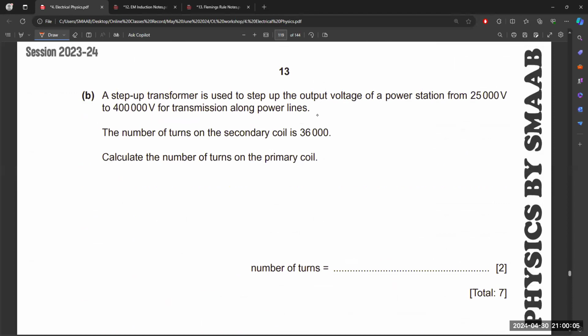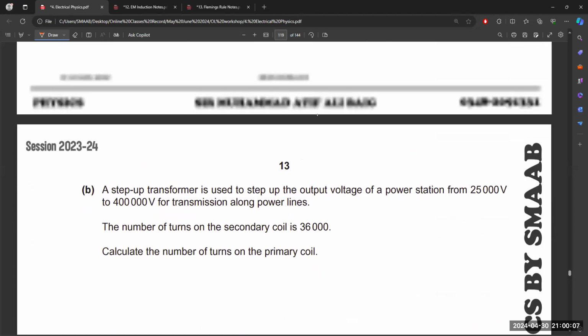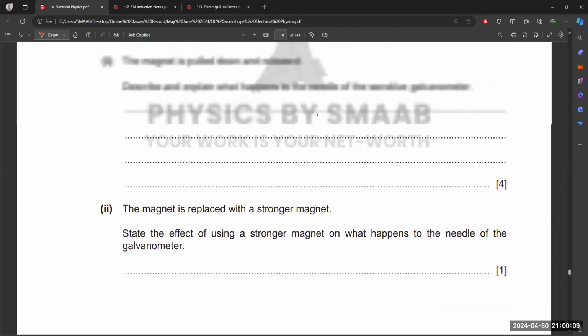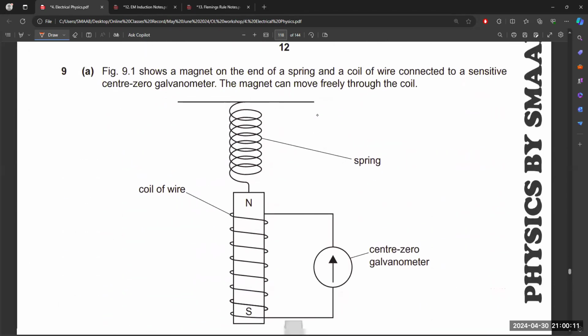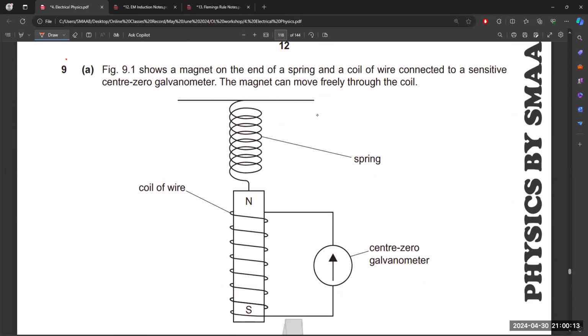Now you can see there is one more question related to transformer. Okay, let's consider this question. Figure 9.1 shows a magnet on the end of a spring and a coil of wire connected to a sensitive zero galvanometer.